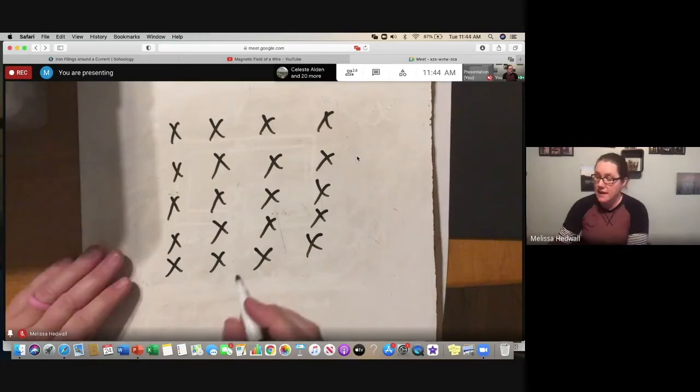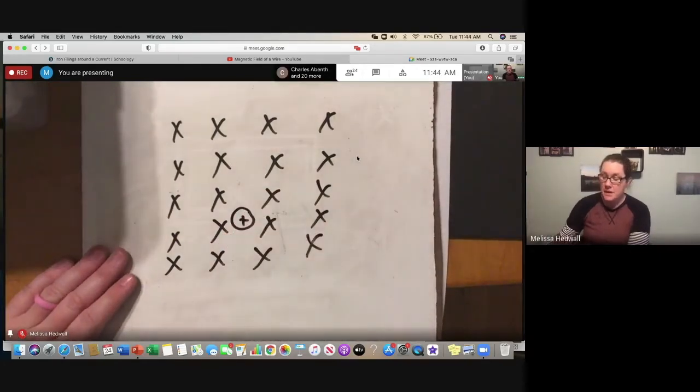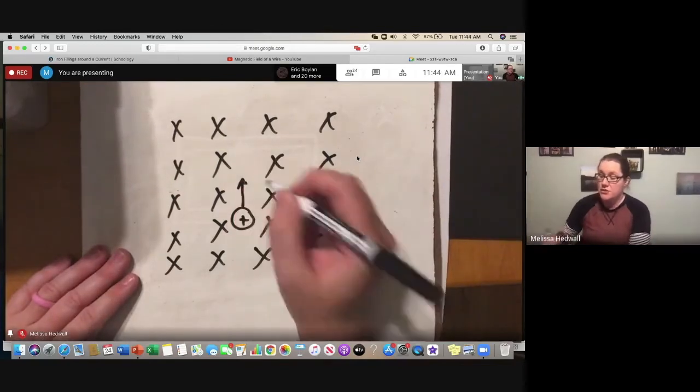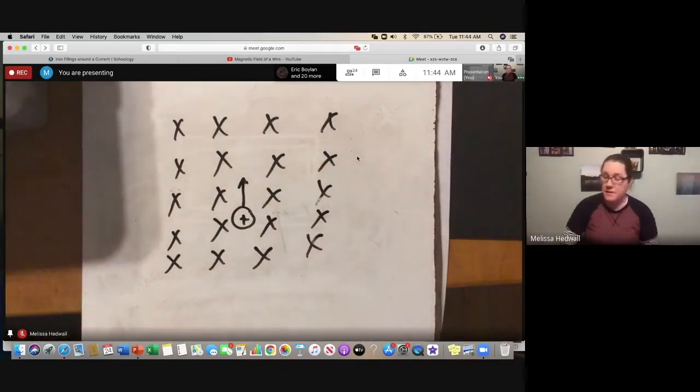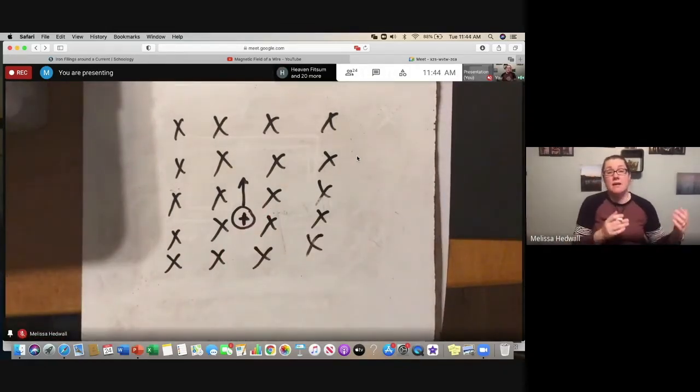Let's say I have a positive charge of some sort that's traveling through a magnetic field. This charge will still create a magnetic field. It'll induce a magnetic field around it. And I can still figure out the direction by using the right hand rule.